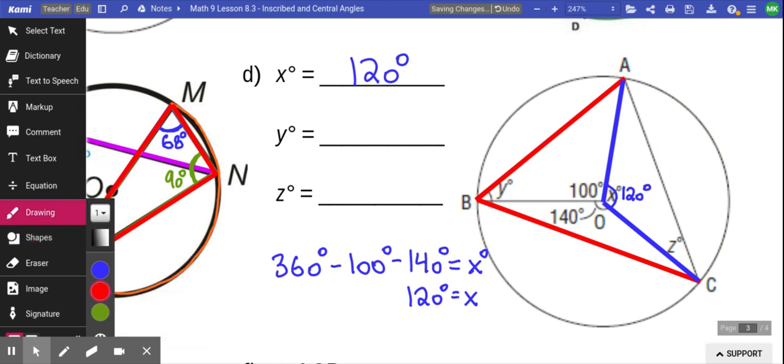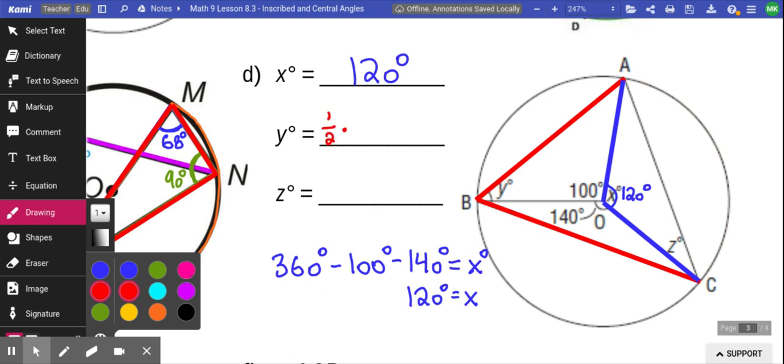That means angle Y is 1/2 of 120 degrees, which means it's 60 degrees. This guy right here.